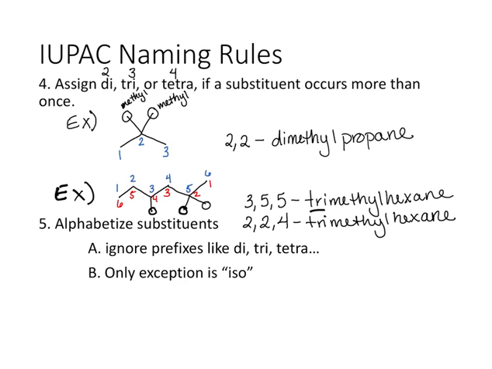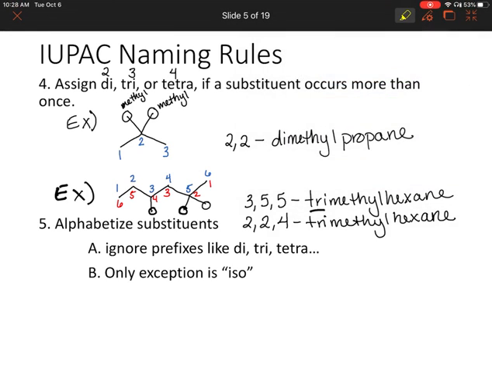So which numbering system gives us smaller numbers? The second one, right? So that would be our correct name for the molecule, 2,2,4 trimethylhexane. And then the other one, even though it gives us a similar structure, it's just not following the rules, so we can't use that.